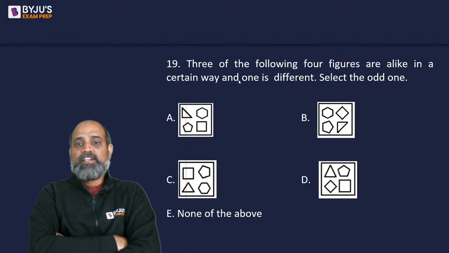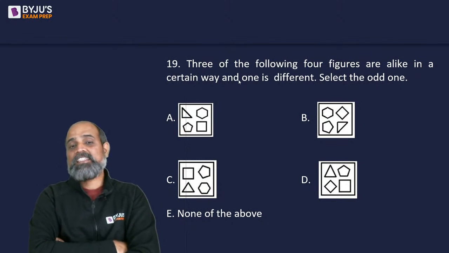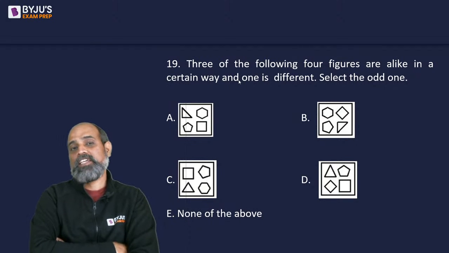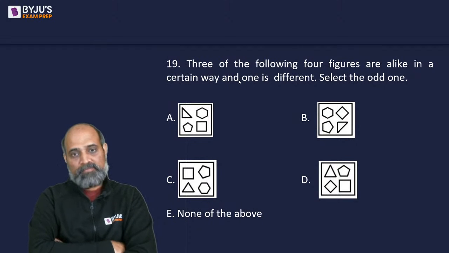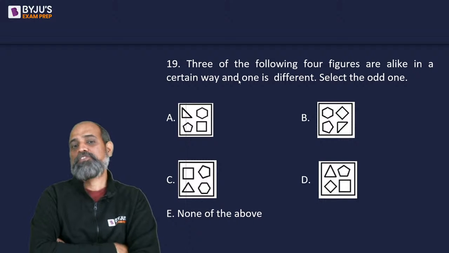Good. 3 of the following 4 figures are alike in a certain way and one is different. Select the odd one out. Which one is different from the rest?